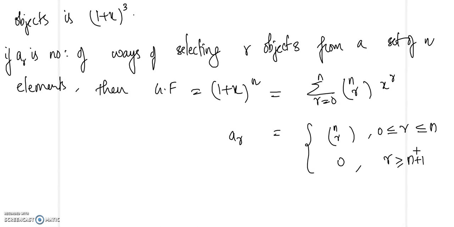So let us look at how to find the generating function for the number of selections from a multi set. Let us consider an example. Let S be the set 2A, 1B, a multi set.